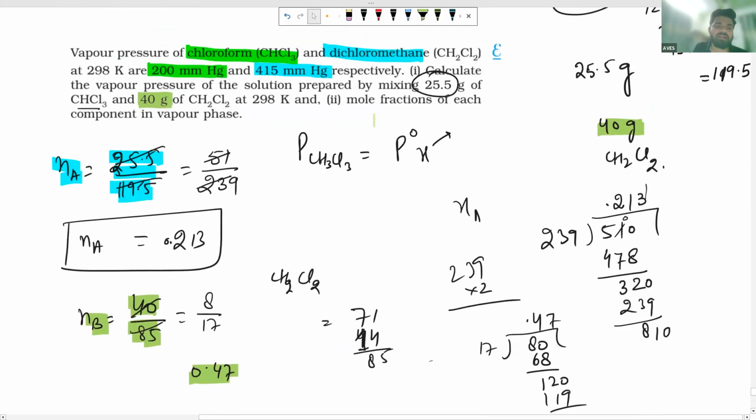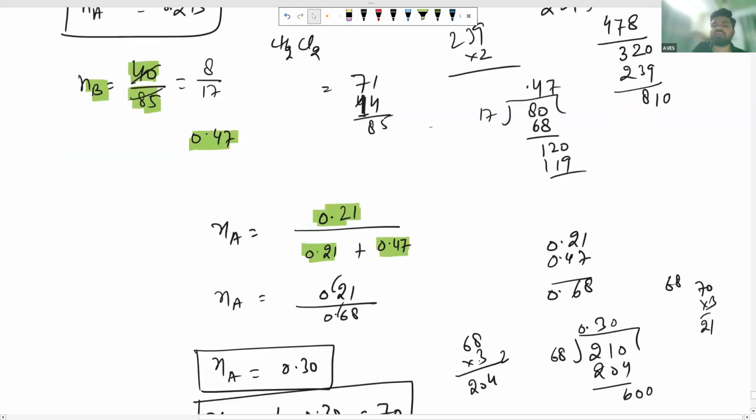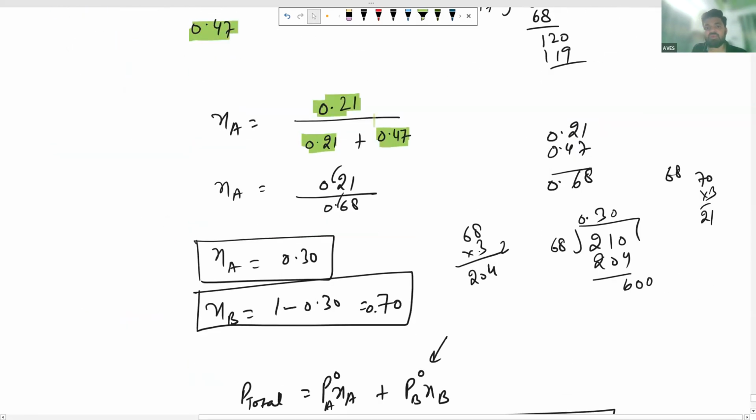The number of moles of A is 0.21 and the number of moles of B is 0.47. You put those values here. When you add these two, you get 0.68. When you divide, you find this value, approximately 0.7.